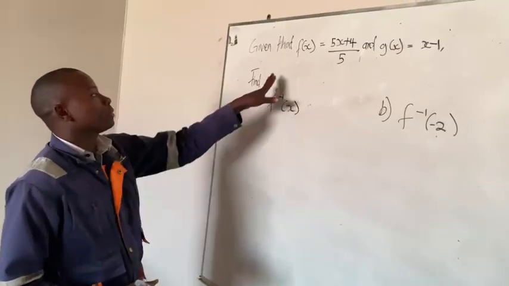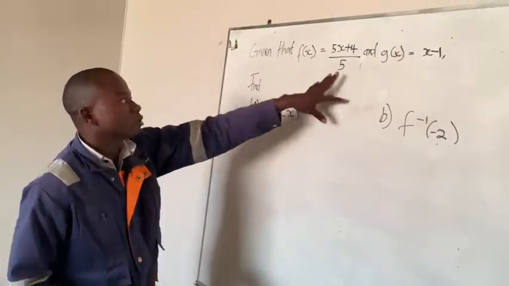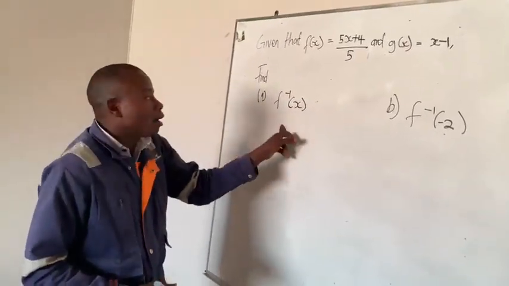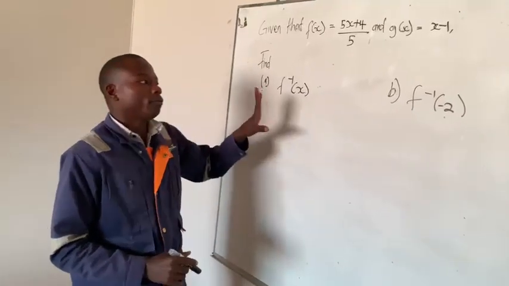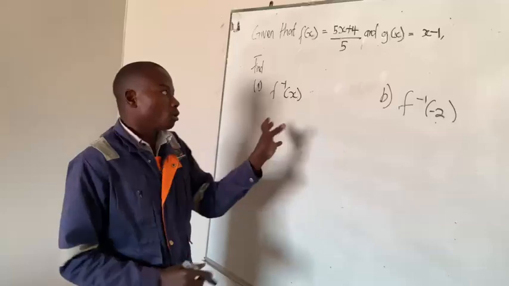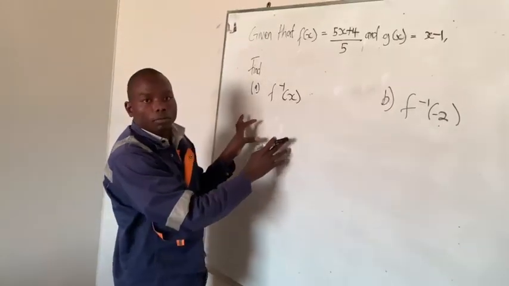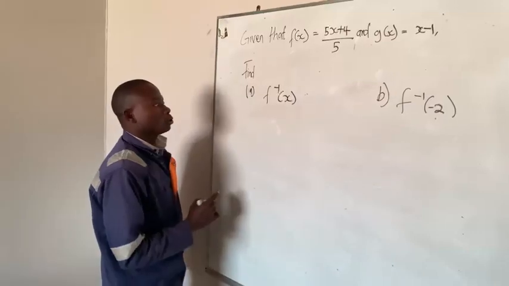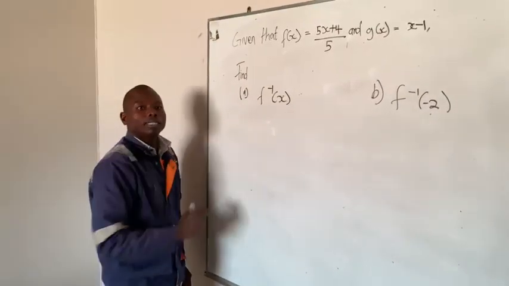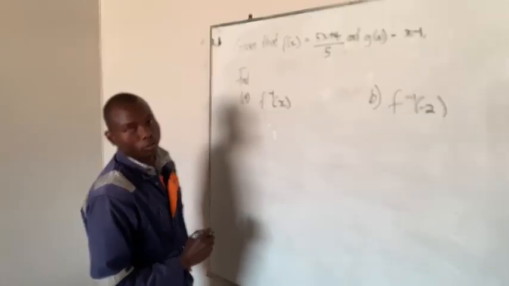Today we're going to discuss functions, and we are going to learn how to find the inverse of x altogether. Then after we substitute, we're going to solve this question, and it's all about functions. Make sure that today you learn how to find the inverse in functions.